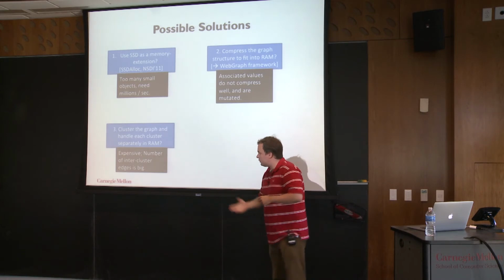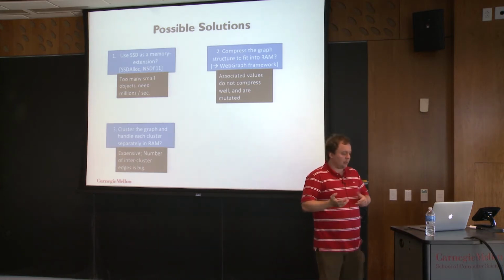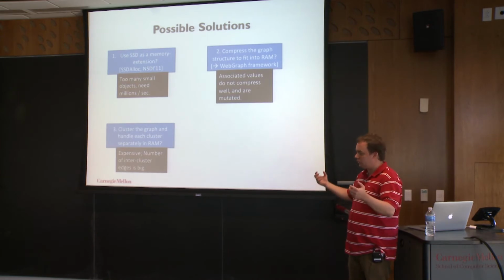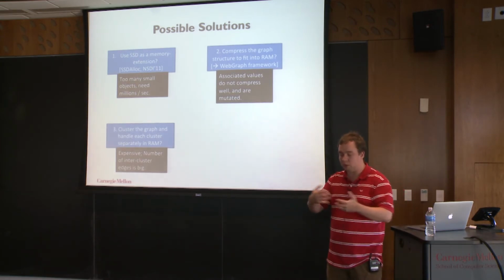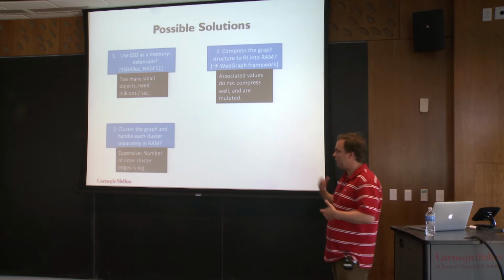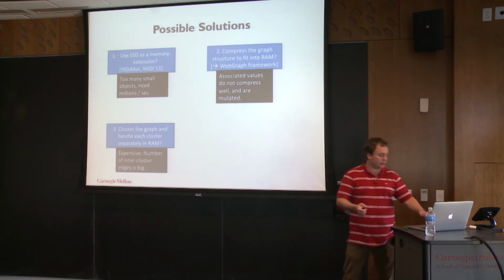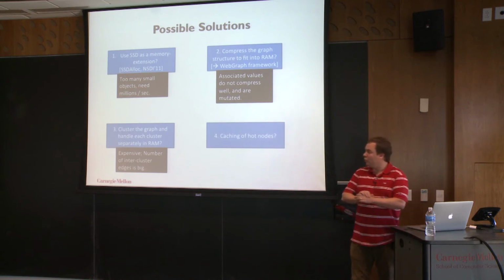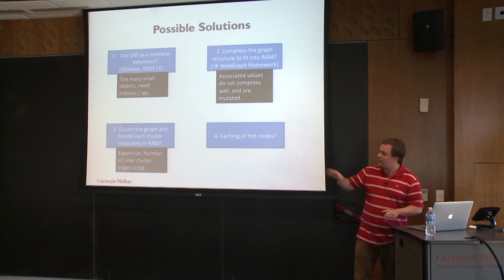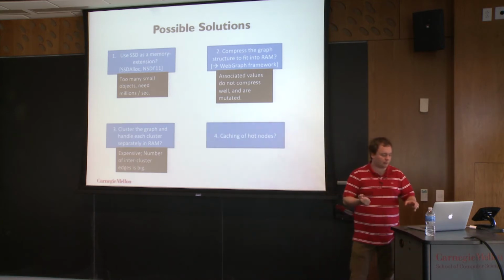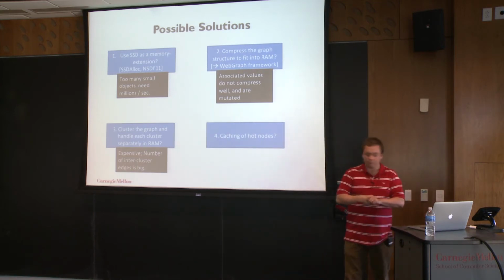But computing this clustering can be expensive, and unfortunately in natural graphs, still the number of edges between clusters is high because people move around, they have friends all over the world, and it's very random. So although this might work in some cases, I think our solution is even simpler and we didn't need it.